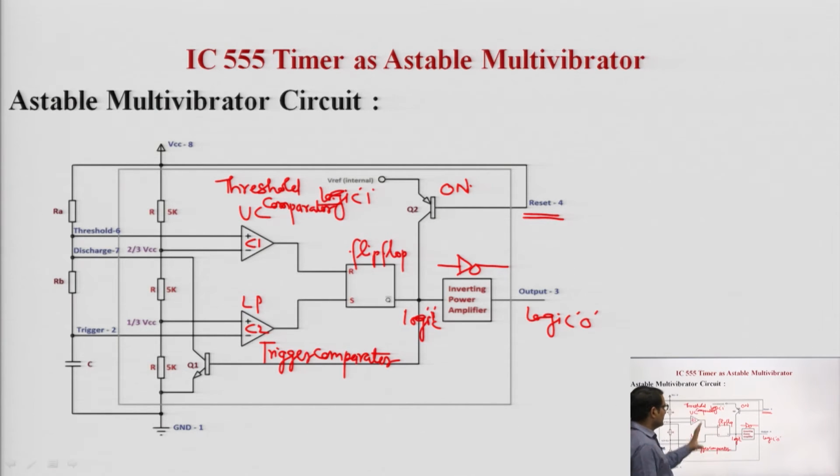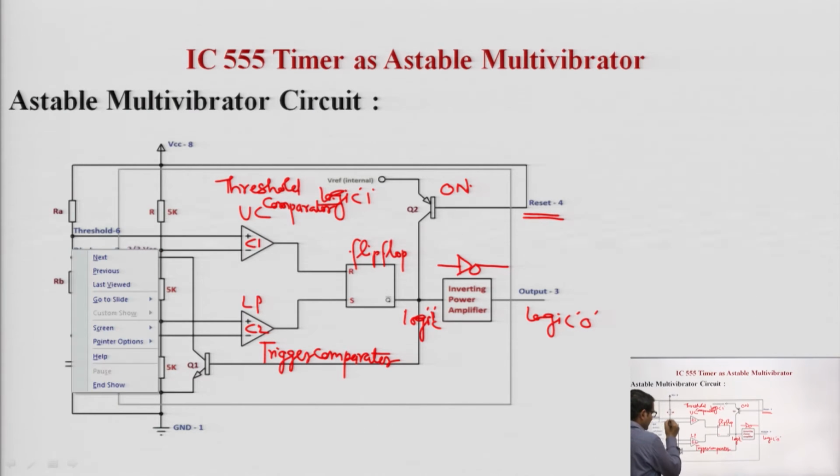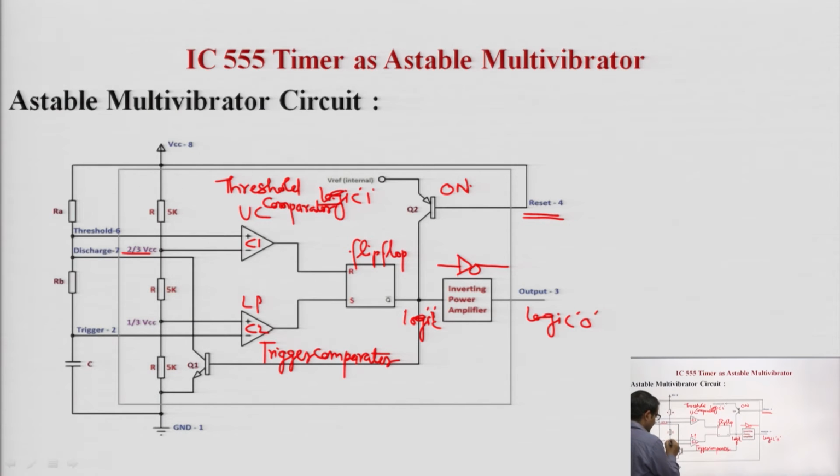The NOT gate acts as a power amplifier because it increases the swing at the output side. The three 5K resistors give the IC 555 timer its name, and act as a voltage divider. So we calculate the voltage: here it comes 2 VCC by 3 and here it comes VCC by 3.